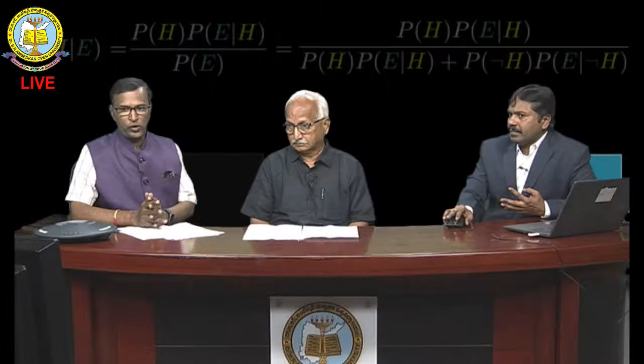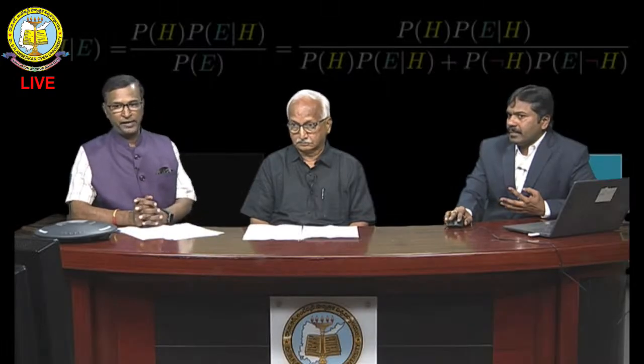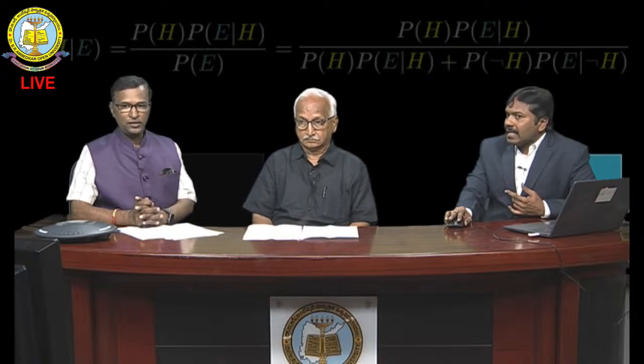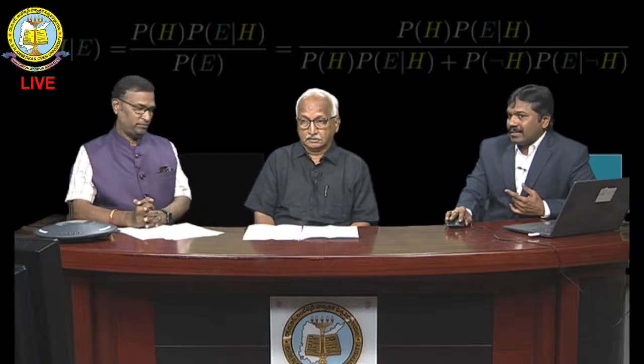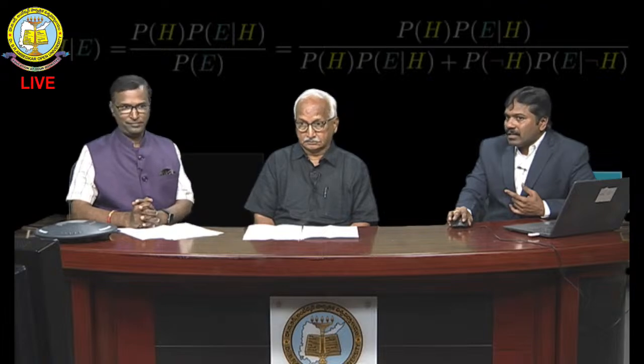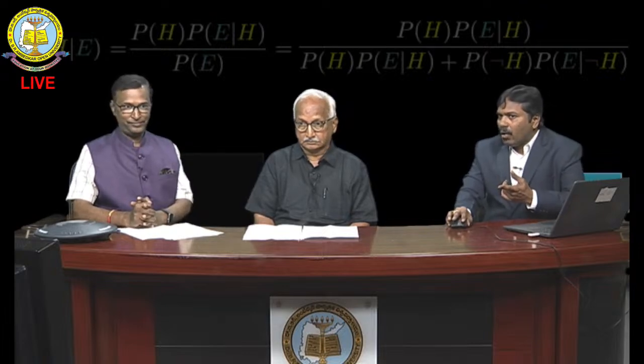Student: Sir, A union B, you told us, is at least one. Is it mandatory here? Teacher: Exactly. Here the first condition is given: the older child is a boy.